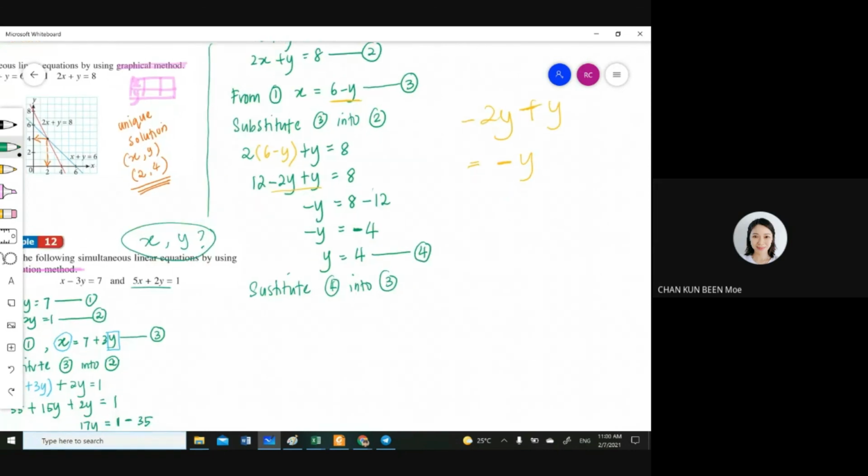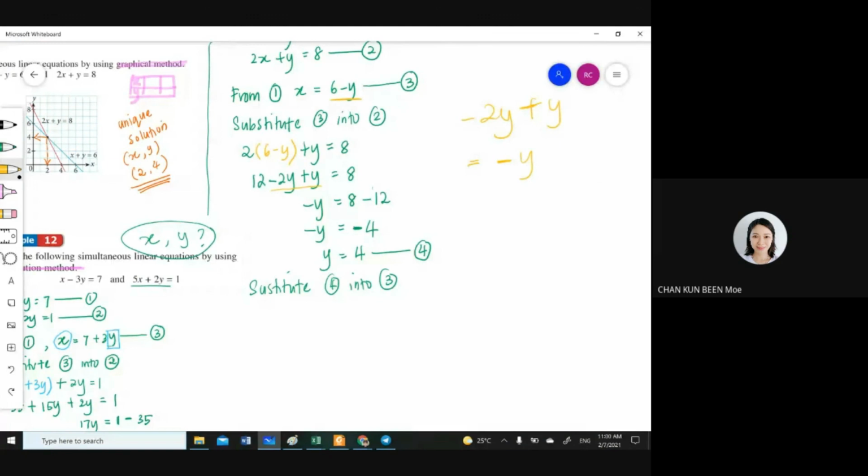Okay, so you can see we are going to substitute the value of the y here into the y of the third equation here. Okay, so it will be x equal to 6 minus the y is 4. Very good. Because the y is 4 over here, we substitute to this. So the x is equal to 2.